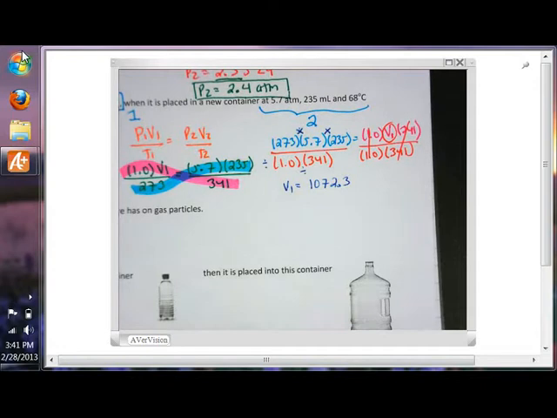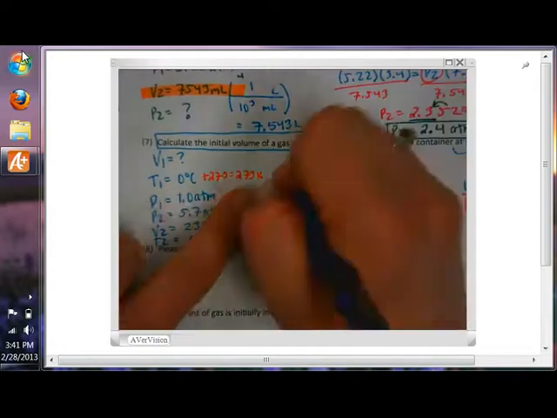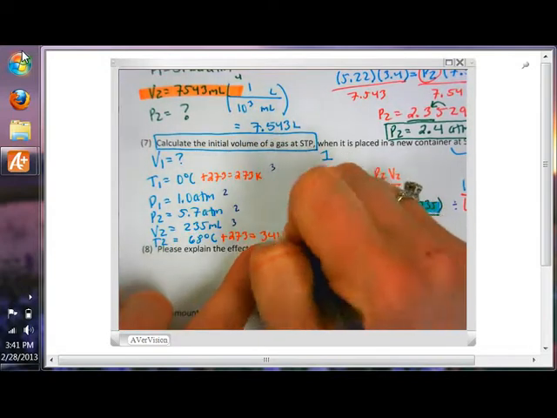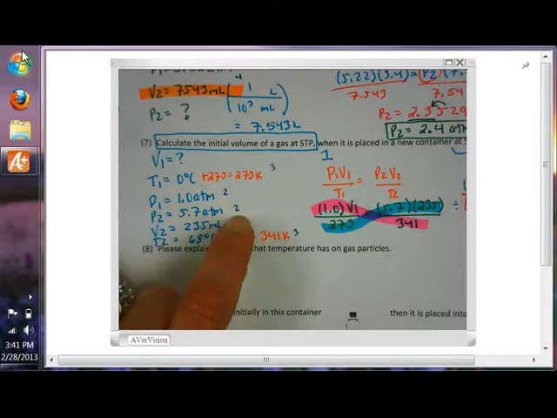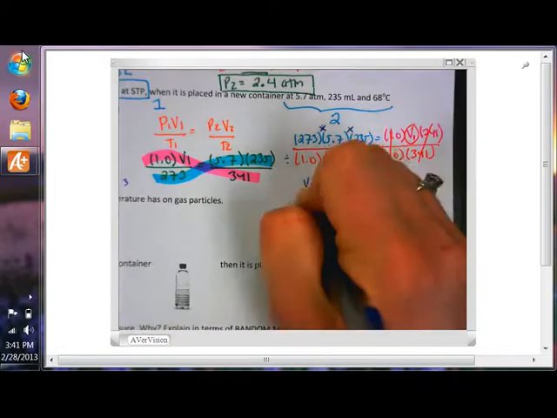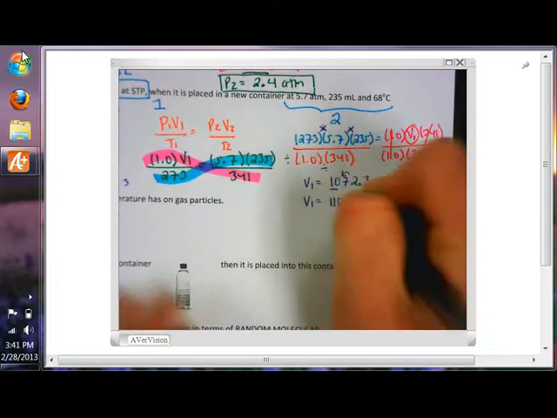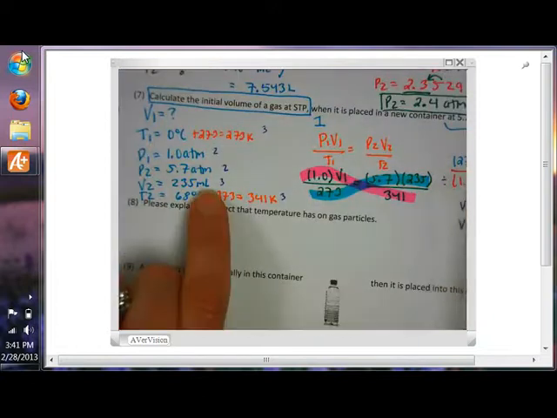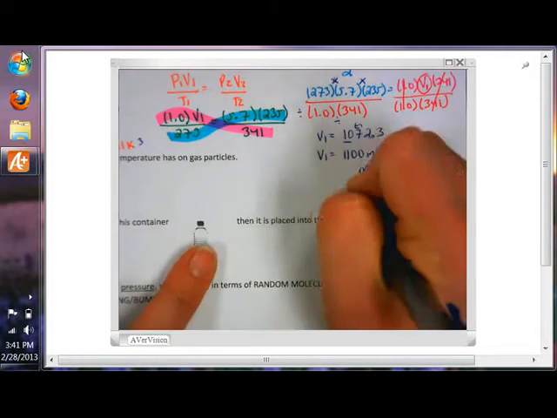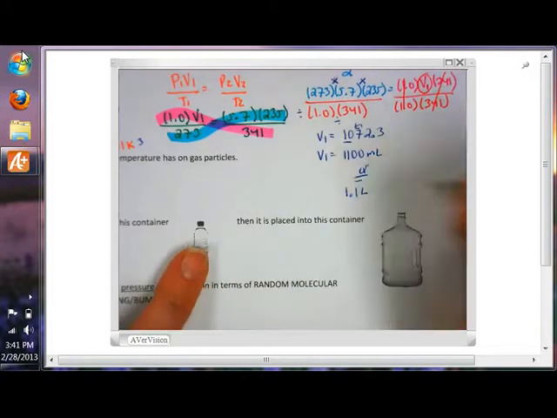And I need to worry about sig figs, so I look back. Use Kelvin, 3, 2 sig figs, 2 sig figs, 3 sig figs, use Kelvin, 3 sig figs. So the lower number is 2, so 2 sig figs. 7 bumps that up. So V1 equals 1100. Now I plugged in milliliters, so I'm going to spit out milliliters. Or if you plugged in liters, it'd be 1.1 liters.